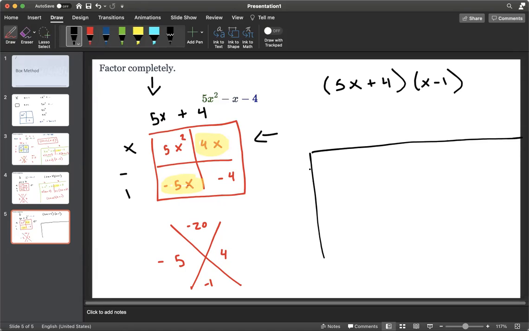Our second way of doing this is we're going to write everything out in one line.